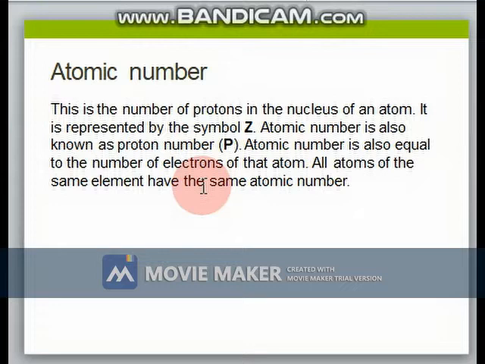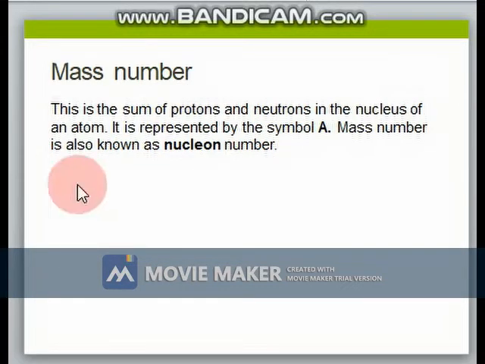Okay, so come to mass number. Mass number is the sum of protons and neutrons in the nucleus of an atom. So it is represented by the symbol A. Mass number is also known as nucleon number. Bear in mind, they are all found in the nucleus. So the particles that are found in the nucleus are called nucleons.